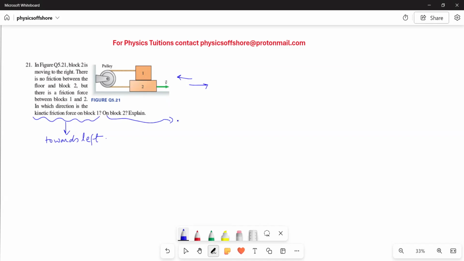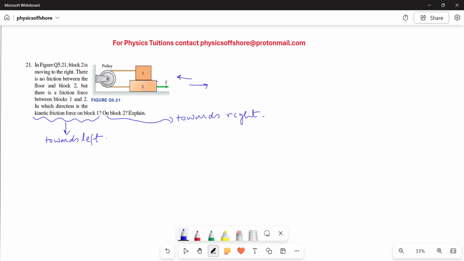So on block 2, towards the right. That's it. If you recall Newton's third law, because the force on block 1 is towards the left, obviously the force on block 2 must be towards the right, because these are action-reaction forces.